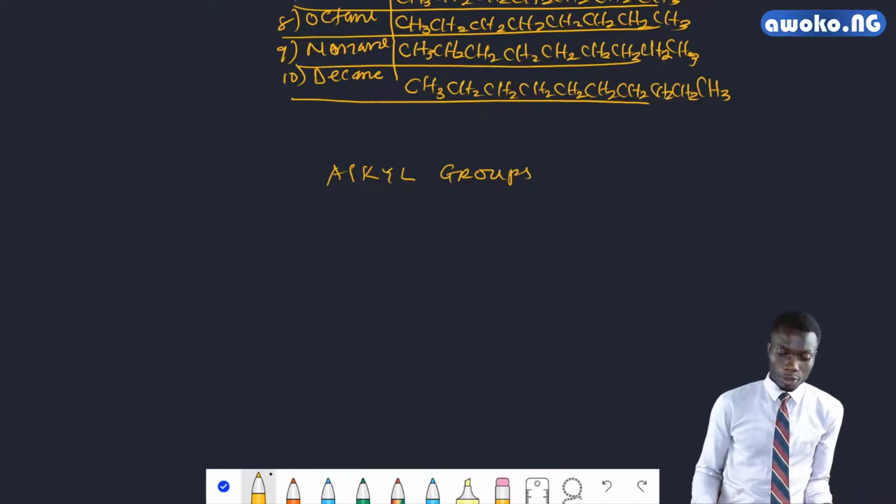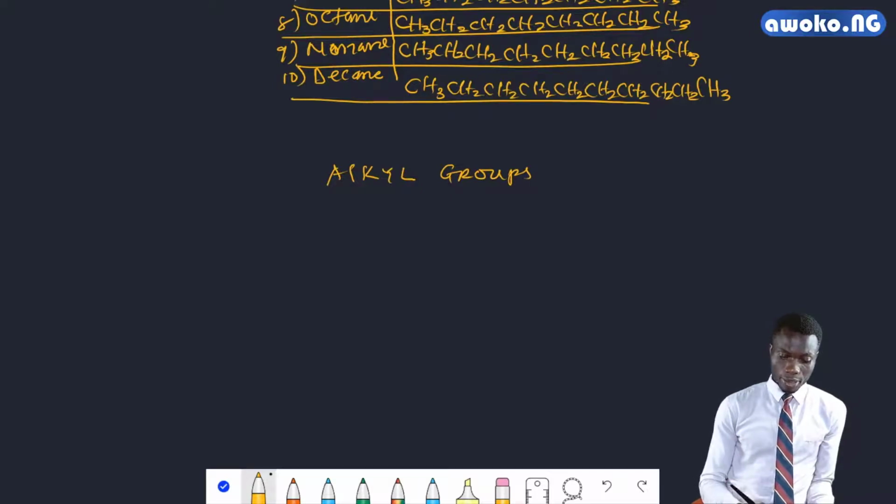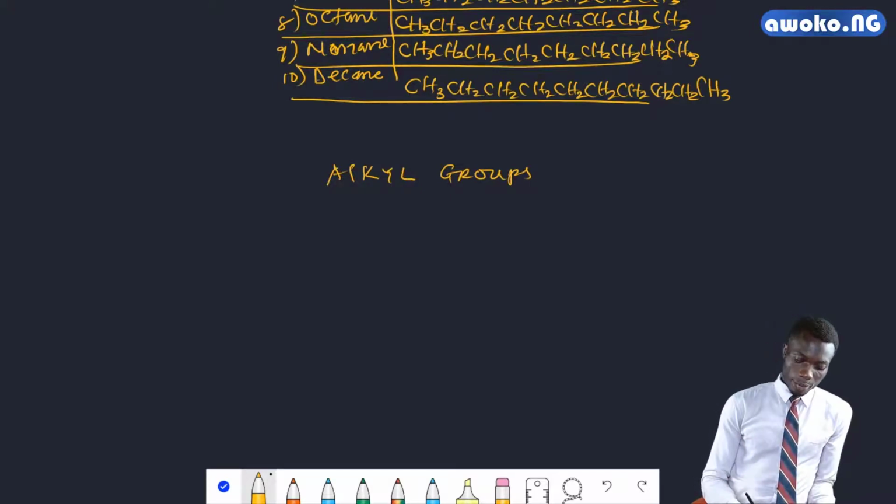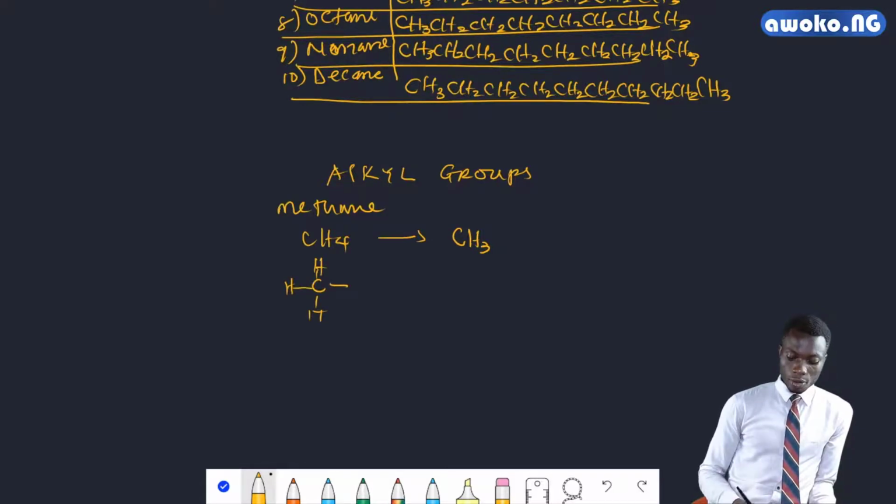So I'll show us the principle surrounding this. Now look at it. This is methane, CH4. When it loses a hydrogen, it turns to CH3. Of course, this is the structure of methane. So you see that it loses a hydrogen, so there is a bond that is waiting.